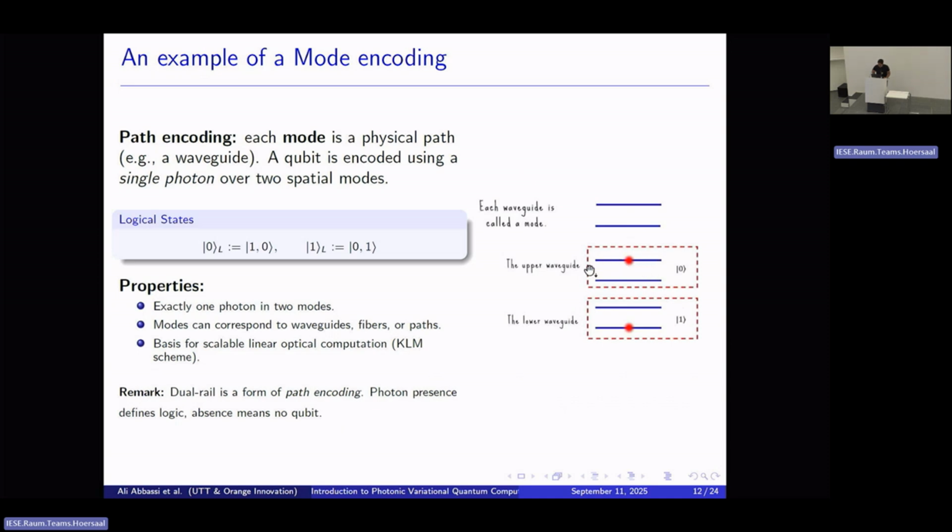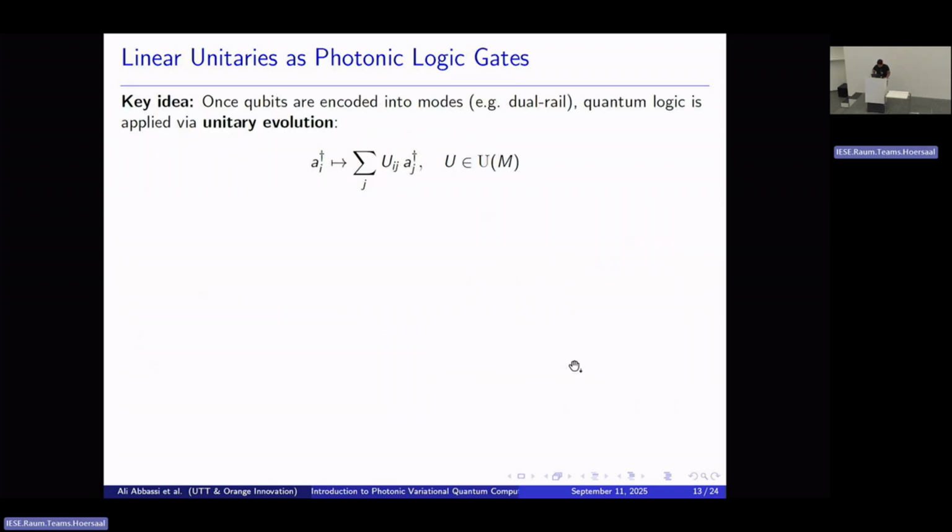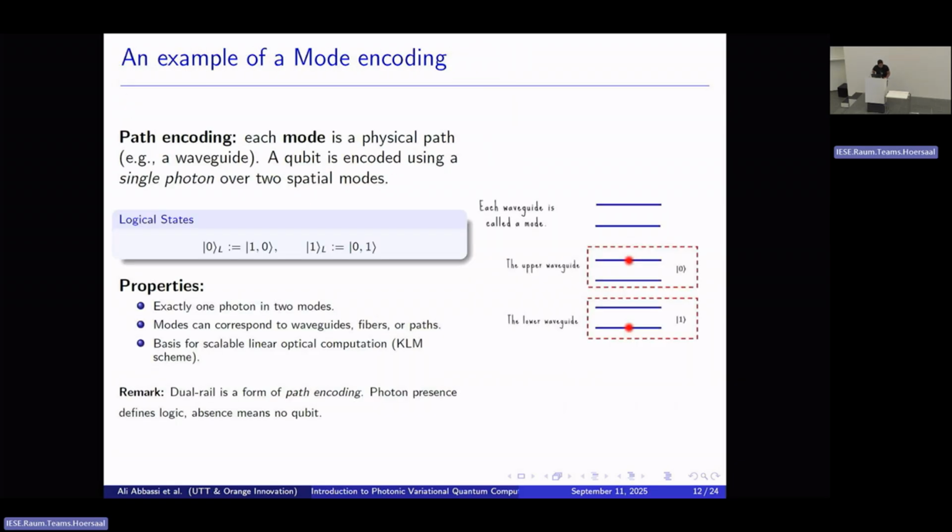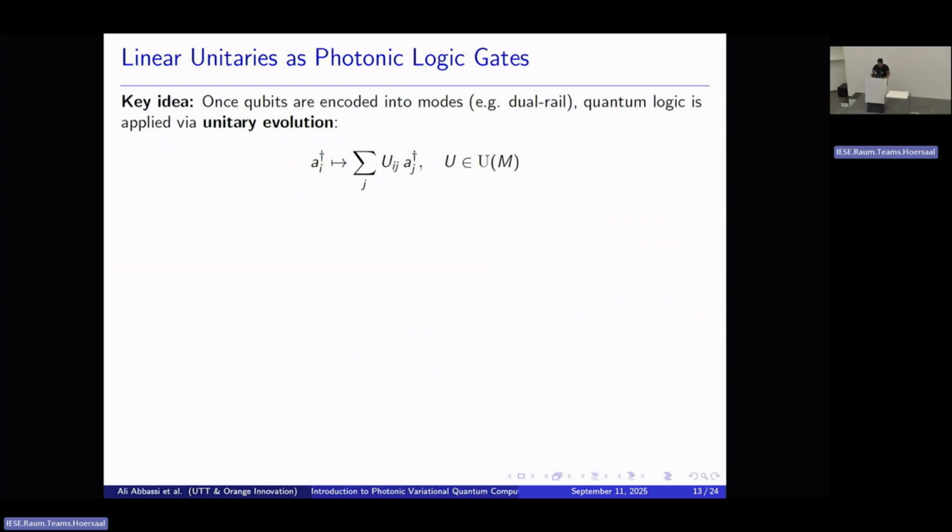Why? Because I'm sending a photon, and the photon can be either in the first or in the second waveguide. This is what we call dual rail encoding, and here the mode is a path, where we are sending the photon. There are other ways to encode qubits, for example polarization, which we are not going to cover here.